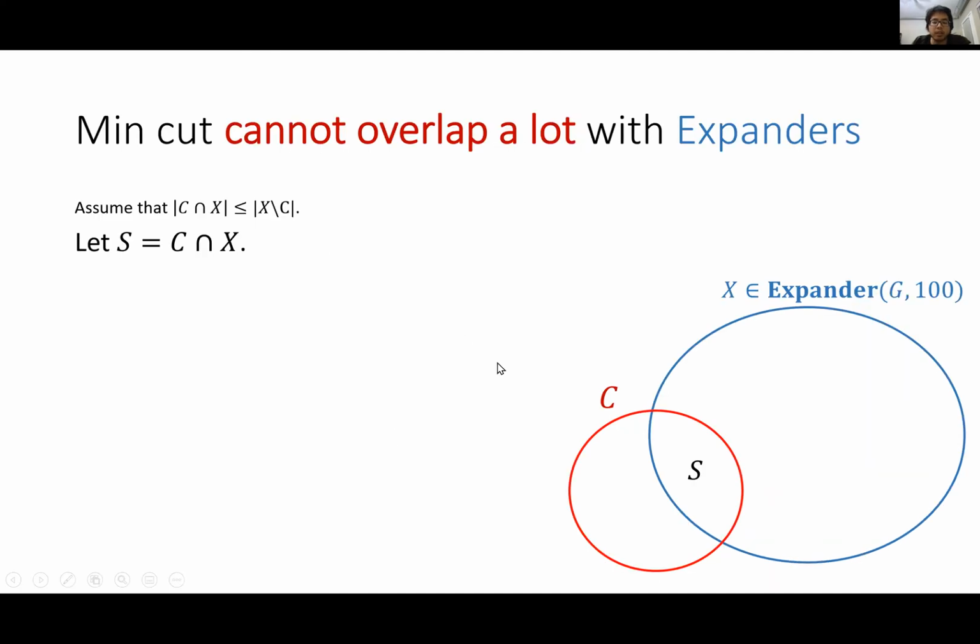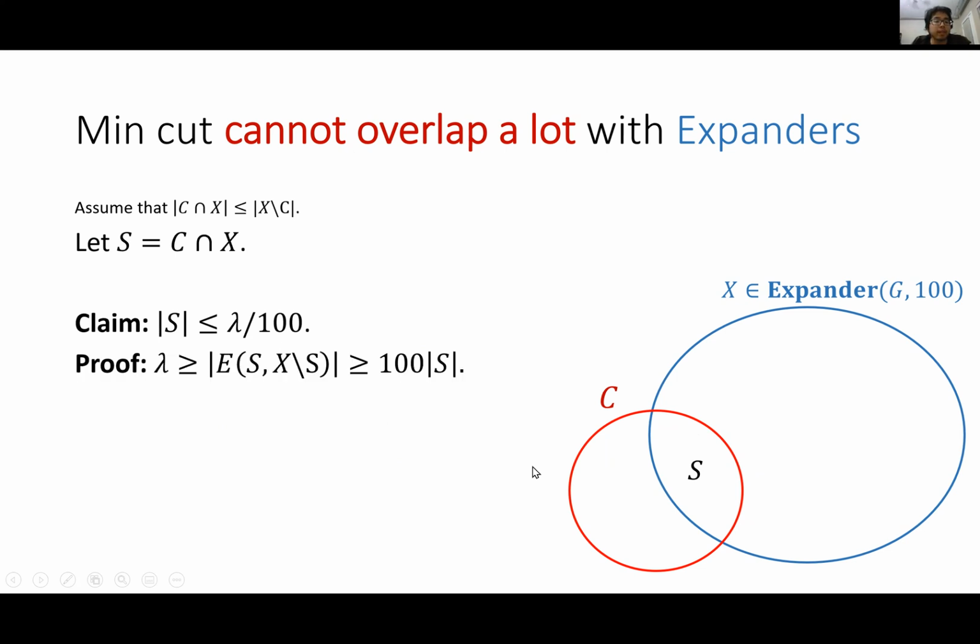Okay, so now let's just look at some expander X and min cut C. And let me denote S by the intersection between the two sets. I will claim that the min cut cannot overlap a lot with the expander. That is, the size of S must be at most lambda over 100. And the reason is just this. That's a proof.